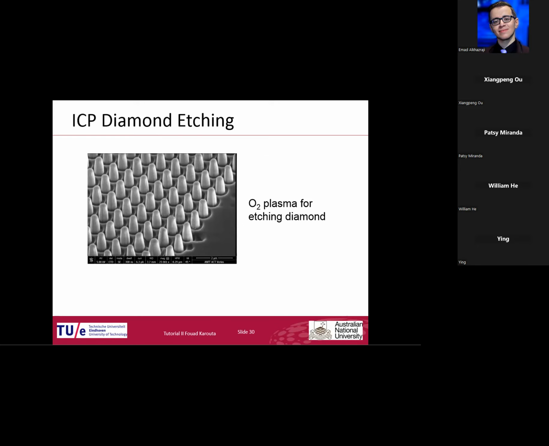So you don't need any fuss with it. Diamond you can etch with oxygen. You don't need other gases, unless you need some special feature. And here we have managed to get about 1 micrometer deep etch in diamond.